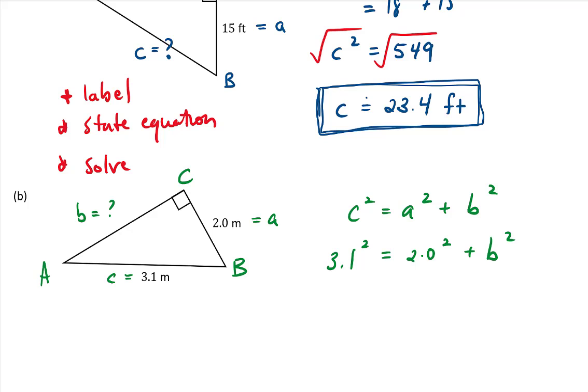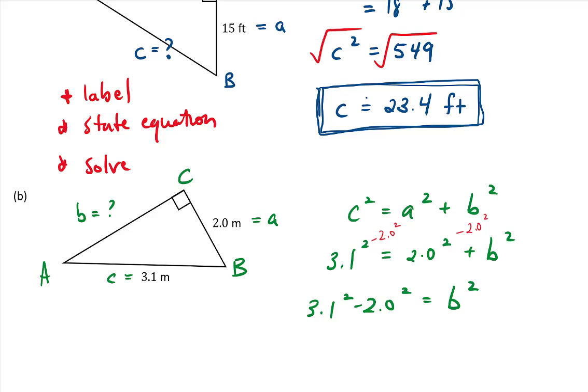The next step is to get the B squared on its own, because we're trying to solve for side B. So to do that, we're going to subtract 2.0 squared on both sides. And 2.0 squared minus 2.0 squared will equal 0. And what we're left with is that 3.1 squared minus 2.0 squared is equal to B squared.